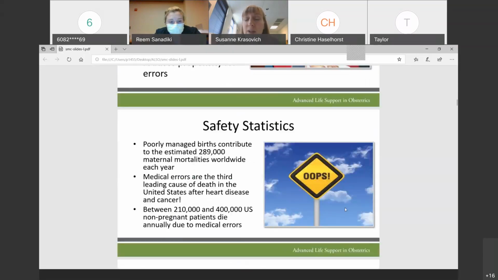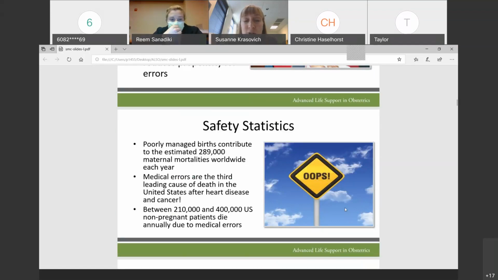When we think about safety, childbirth is actually the most common reason for admission to the hospital. In fact, coming in to give birth to a child is about 11% of all admissions to the hospital. C-sections are the most common operative procedure in the United States. But poorly managed births contribute to the estimated 289,000 maternal mortalities worldwide every year.